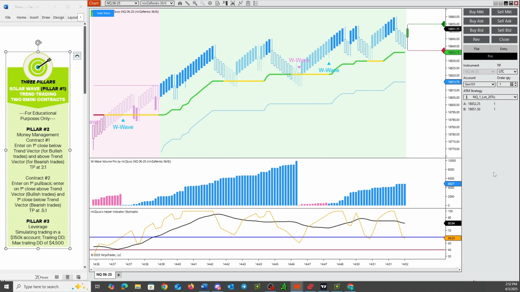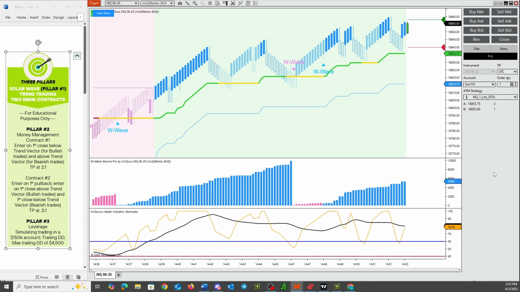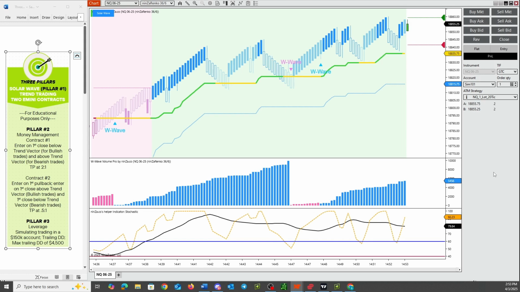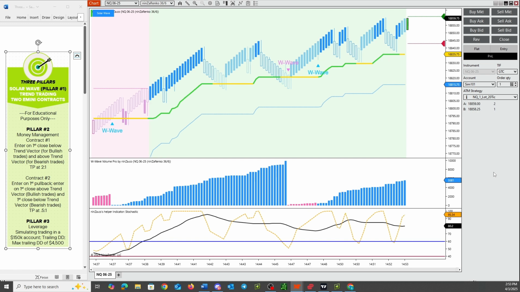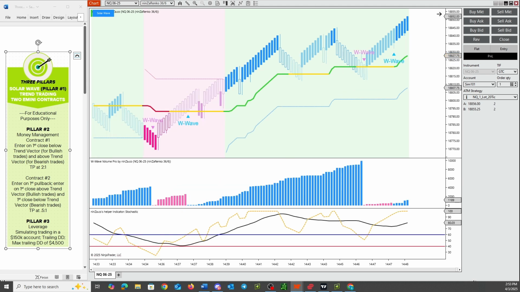So that should be a good day for most people that are scalpers, in a very short period of time. We haven't even been trading 30 minutes yet. Have to see if we get a reset here.